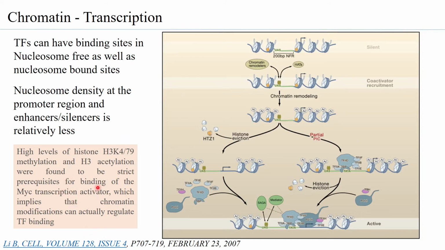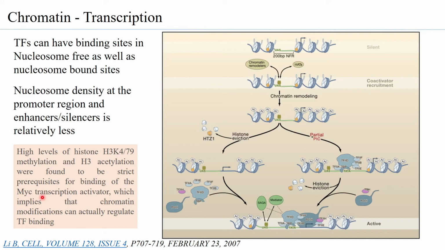It's been observed that when the lysine residue at the fourth position of histone 3 is methylated, and even at the 79th position it is methylated, or the H3 is acetylated, then this acetylation or methylation was considered a strict prerequisite for binding of the transcription activator.